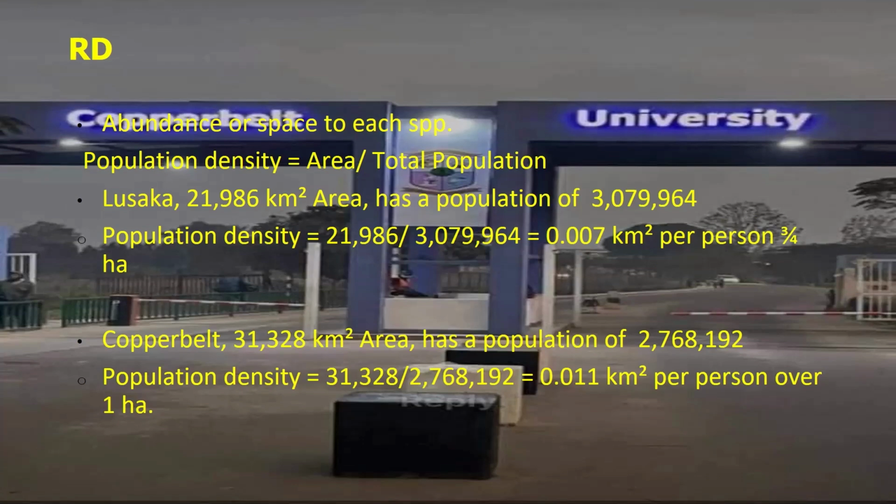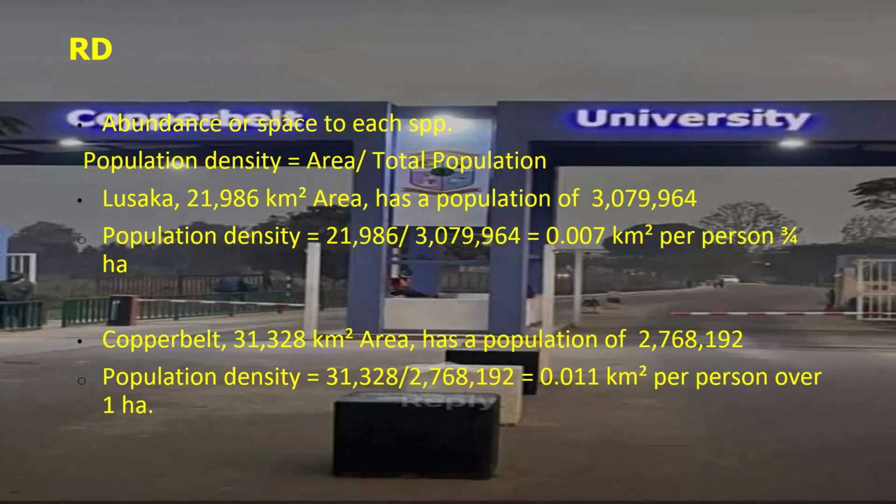So an individual on the Copperbelt province is richer in terms of land. If you wanted to go into farming, you're more likely to get a much bigger land on the Copperbelt province than in Lusaka because there's no land in Lusaka. That's population density.